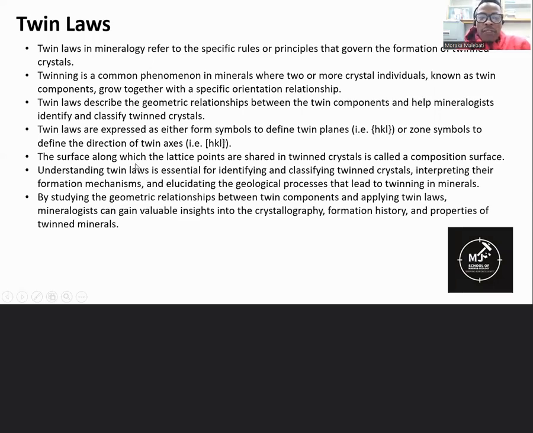The surface along which the lattice points are shared in a twin crystal is called a composition surface. If you are sharing a plane or surface, we call that a composition surface. It means on that plane you are dividing two compositions.